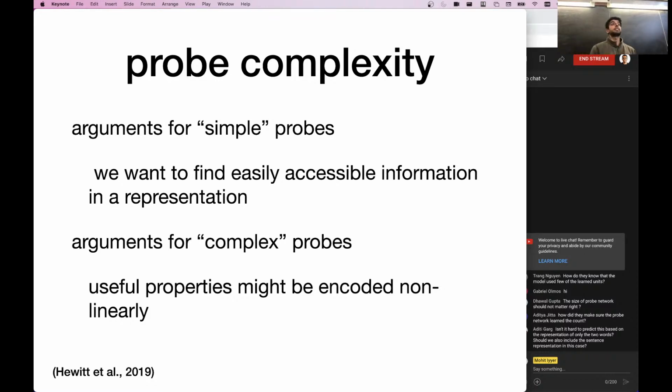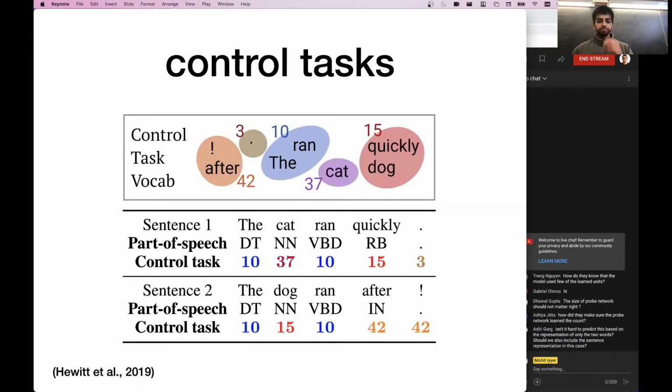So if a simple probe can capture, for example, coreference, that's a strong sign that the model has encoded coreference in such a way that even the simplest classifier could pick it up. However, if coreference is incorporated into these representations, but there's maybe a nonlinear relationship between the representations and the coreference label, then maybe our classifier is just not powerful enough to pick that up. So there are arguments for both here.